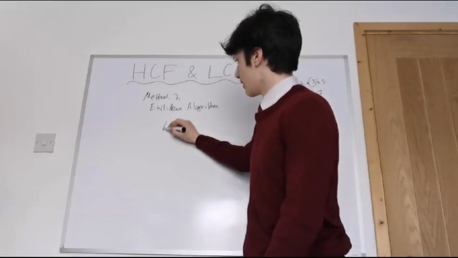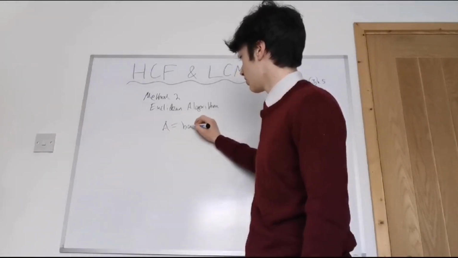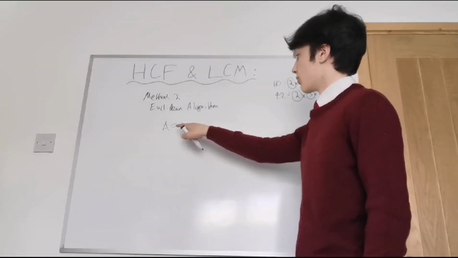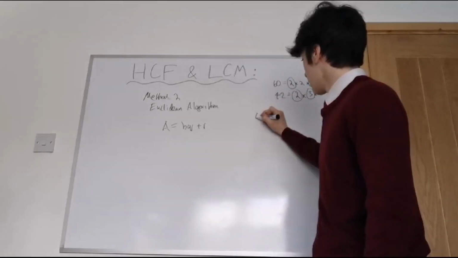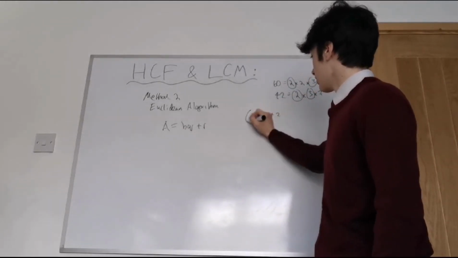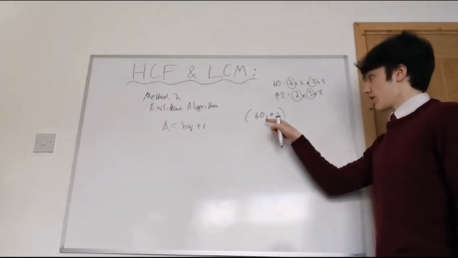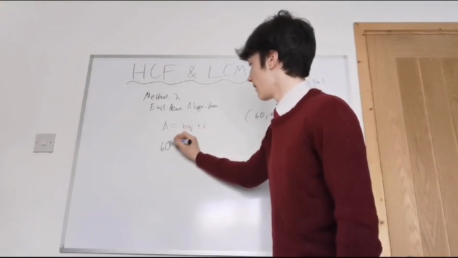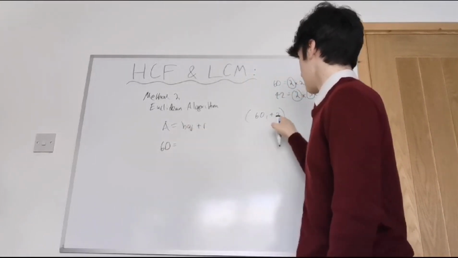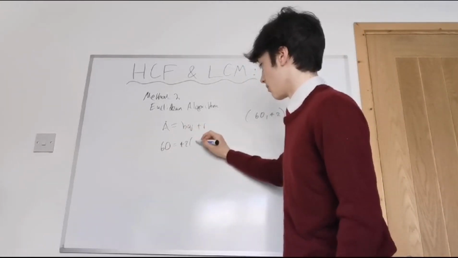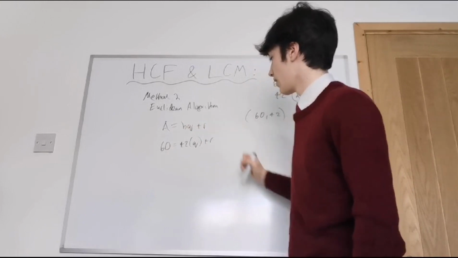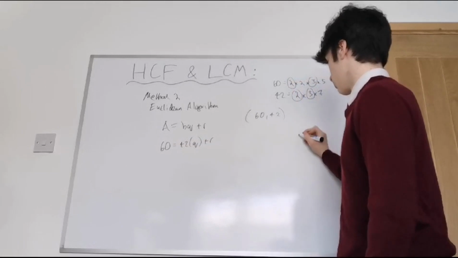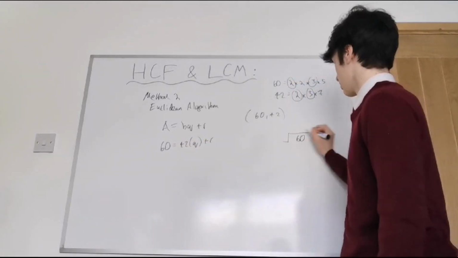So the formula is A equals B Q plus R. This is confusing at first, but basically we have two numbers, 60 and 42. We take whichever is bigger and put 60 as A. We're going to say B is 42, and put bracket Q plus R. For each step, you do 60 divided by 42 in long division.